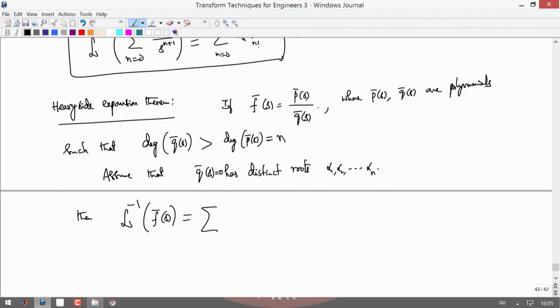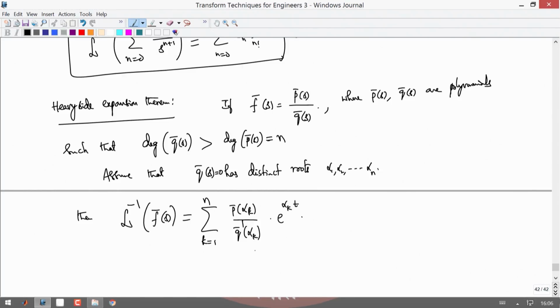This is going to be the sum over k from 1 to n, because you have n factors, of p bar of alpha k divided by q bar dash of alpha k, into e power alpha k times t. This you can easily see by partial fractions; this is the inversion.